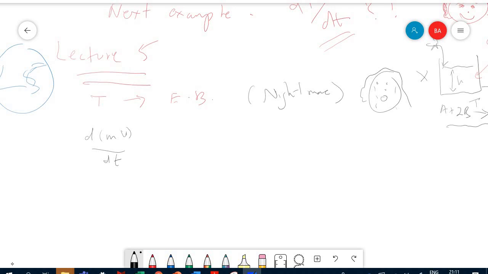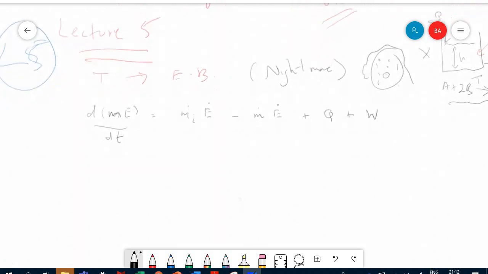It's not only U actually, it's the whole energy. dmE/dt is equal to the mass flow rate in with all of its energy, minus the mass flow rate out with all the energy leaving with it, plus any heat I added to the system, plus or minus work: either work added to the system, or work done by the system, so that some energy was taken out of the system.